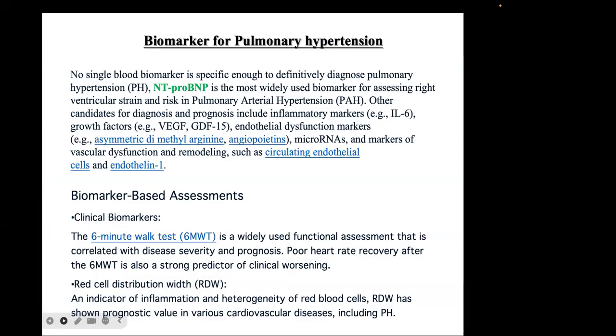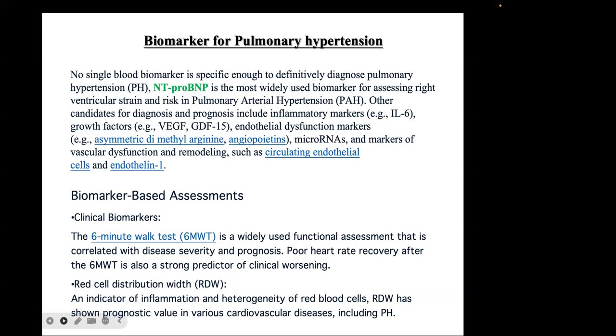Biomarkers for pulmonary hypertension: no single biomarker is specific enough to definitively diagnose pulmonary hypertension. NT-proBNP is the most widely used biomarker for assessing right ventricular strain and risk in pulmonary arterial hypertension.